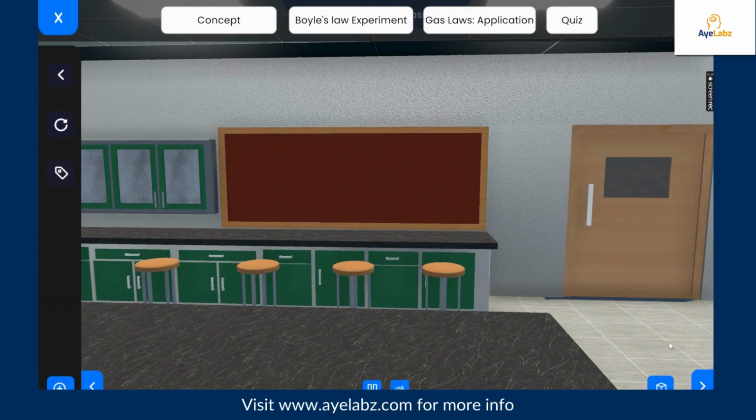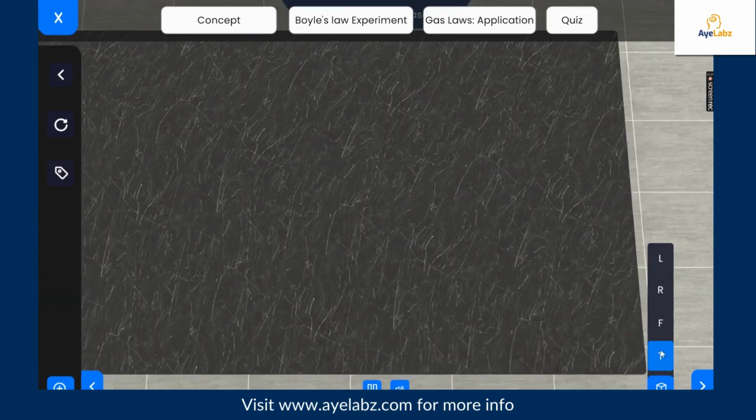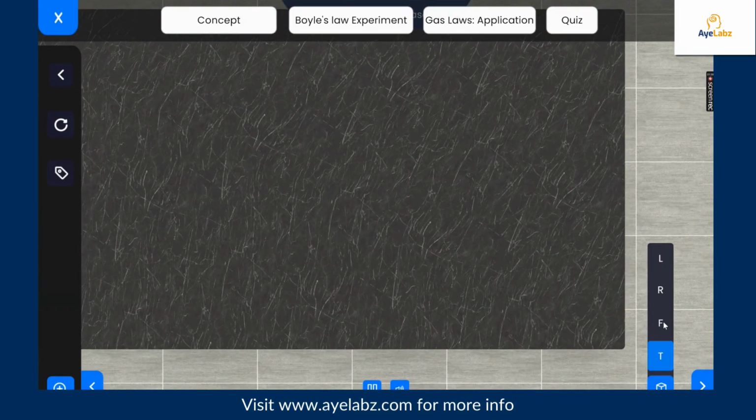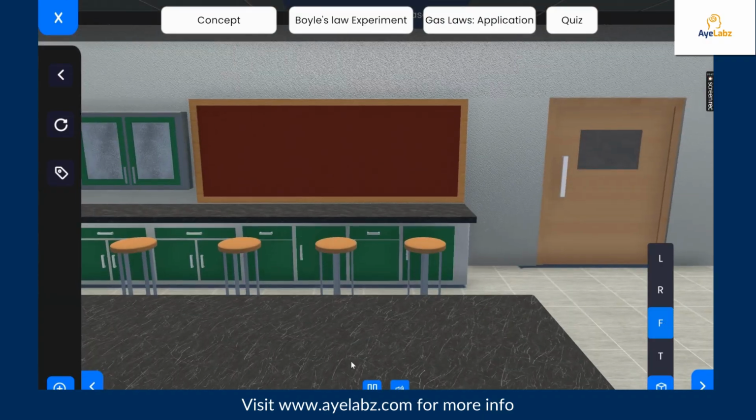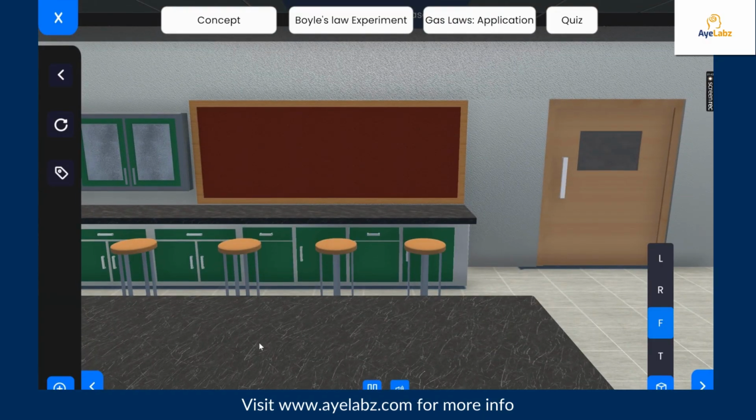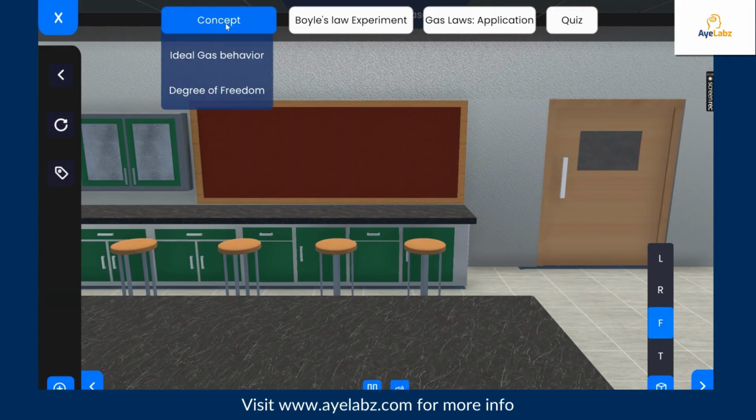Or else you can use the bottom right button to view it in different angles: F for front view, T for top, R for right and L for left. Unlike typical lab experiments, this one gives us the freedom to explore the setup from every angle, which deepens our understanding of the science concepts.